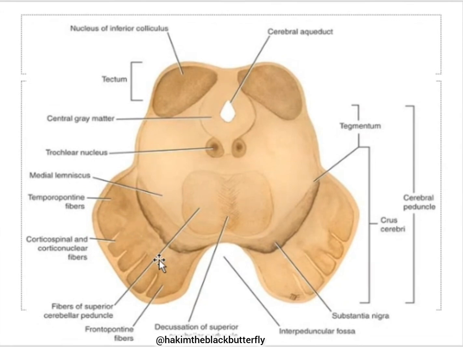What else do we see at the level of the inferior colliculus? We are going to see the fibers of the superior cerebellar peduncle and their decussation. Then we are going to see the nucleus of the trochlear nerve, which is located at the level of the inferior colliculi.